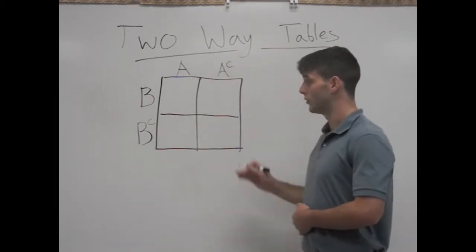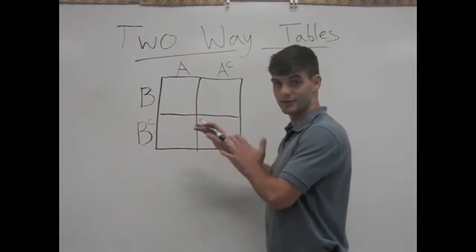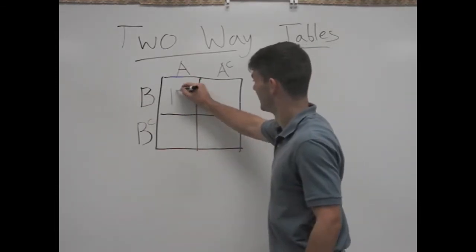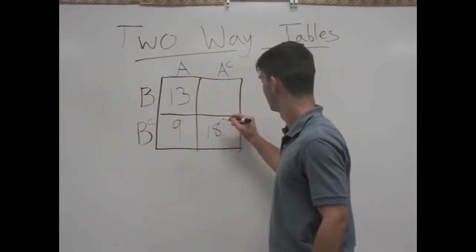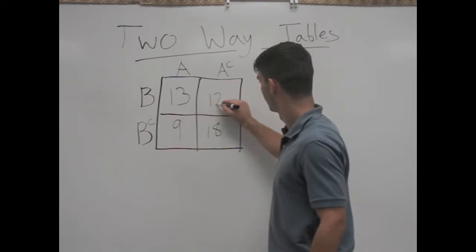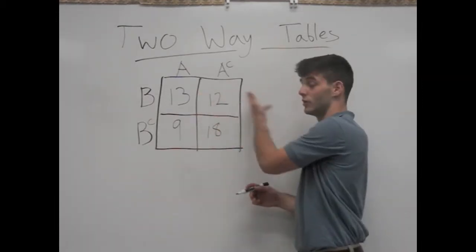Next, we'll fill the table with values normally given to you in the problem. I'm just going to put some random numbers in there. Then, to find our marginal probabilities, we're going to add them up.